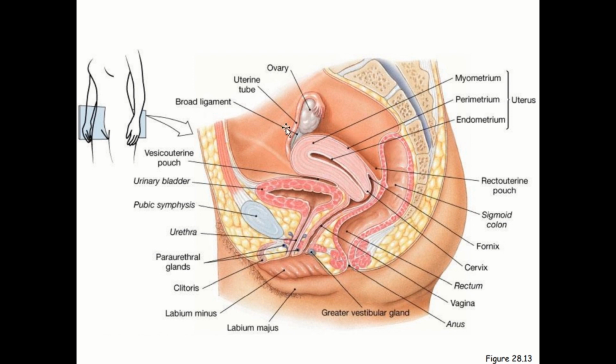And there's a huge clinical significance to knowing the existence of these pouches. We'll talk about that later as well. But that gives you an idea that these pelvic viscera are covered over by the peritoneum. So they are, to quite an extent, extraperitoneal structures.